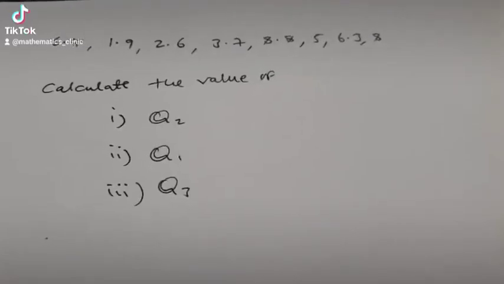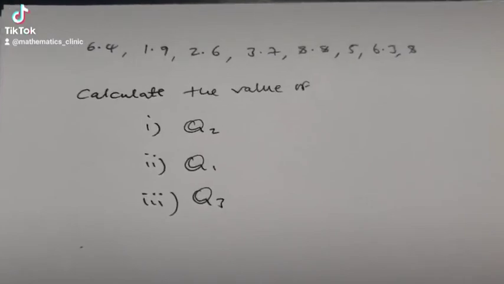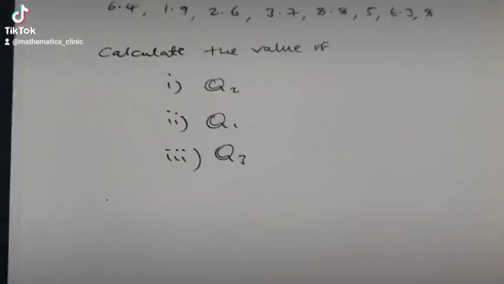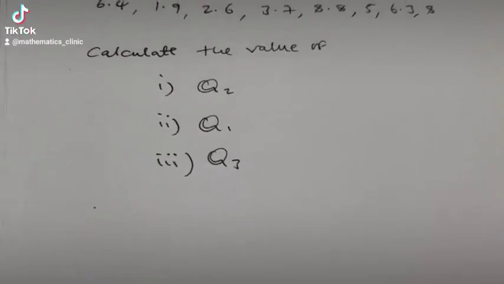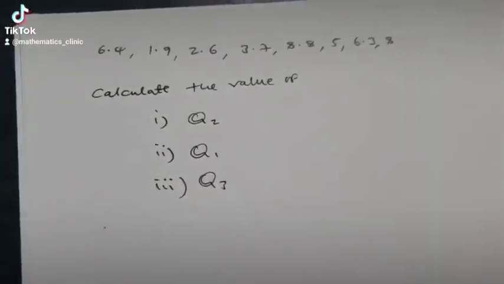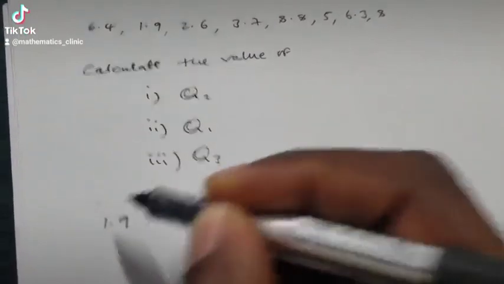So we have this data set, and we have been asked to calculate the middle quartile, the lower quartile, and the upper quartile. What we need to do first is arrange this in order, starting with the smallest all the way to the biggest data value.